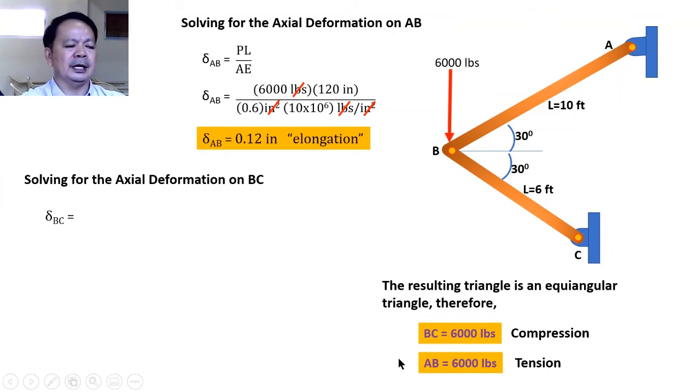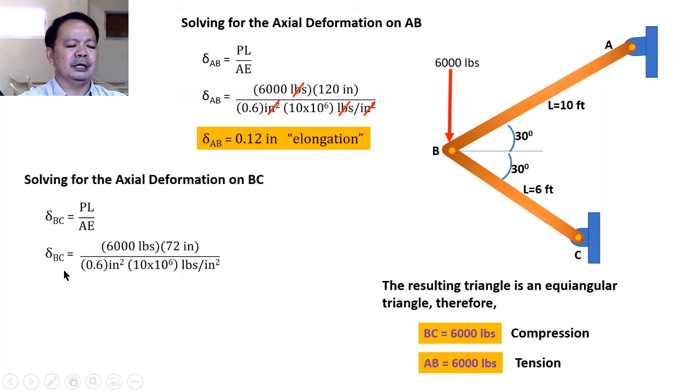Now, if we are going to solve for the axial deformation of the member BC, we are to use the formula that the deformation is equal to PL over AE, and that the computed value of P is substituted, as well as the properties of the member BC. Therefore, the deformation shall be equal to 6,000 pounds multiplied by 72 inches, representing the length of the member BC, which is 6 feet, divided by the area of 0.6 inch square and the modulus of elasticity of 10 times 10 to the 6 pounds per square inch.